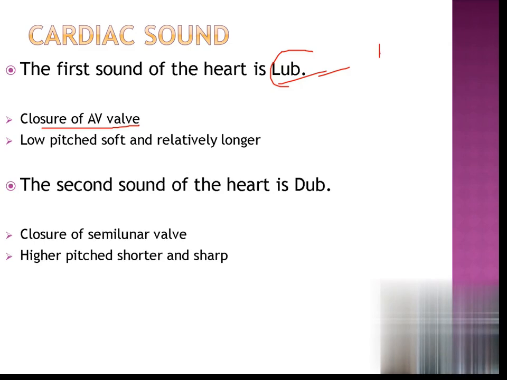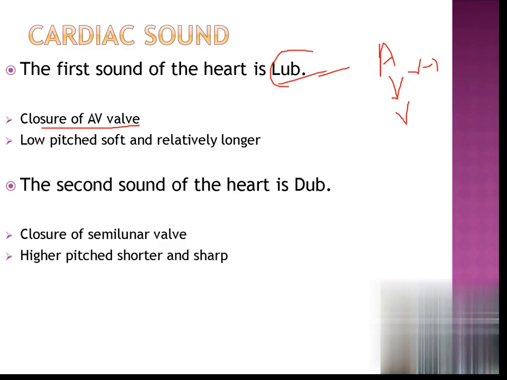From the auricle, the blood gets transferred to the ventricle. Once it is transferred to the ventricle, the valve present between the auricle and ventricle closes. Why? To prevent backflow, so that the blood cannot go back to the auricle.